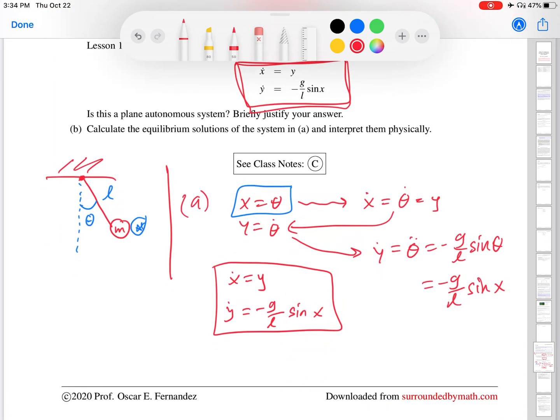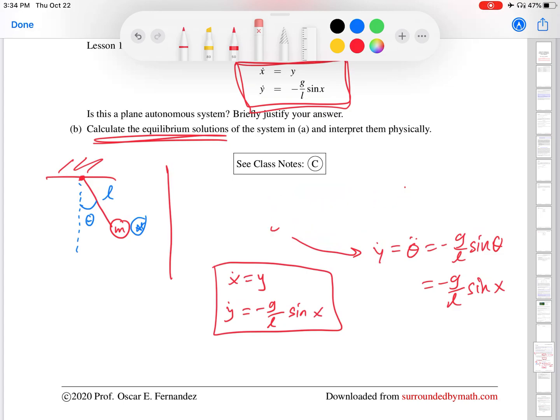That's one of the reasons why I had said in the beginning of this lesson that we think about equilibrium solutions to begin with. Nonlinear systems are generally hard to find explicit solutions for, but equilibrium solutions are explicit solutions. And they're also nice from a physical perspective because they have a nice physical interpretation. So let's find the equilibrium solutions for this system, and then let's interpret them physically.